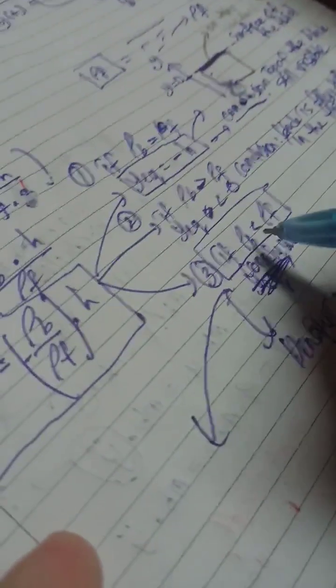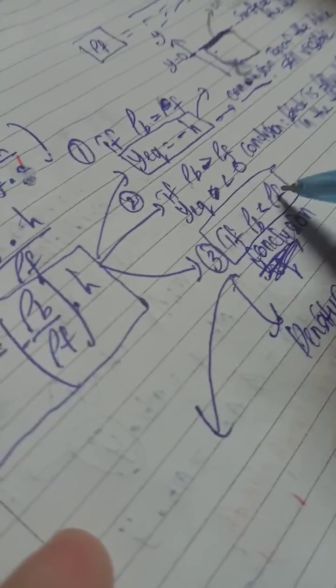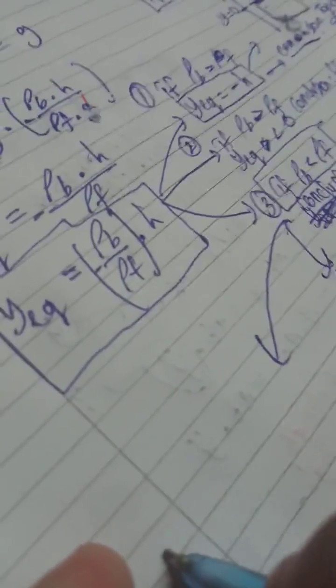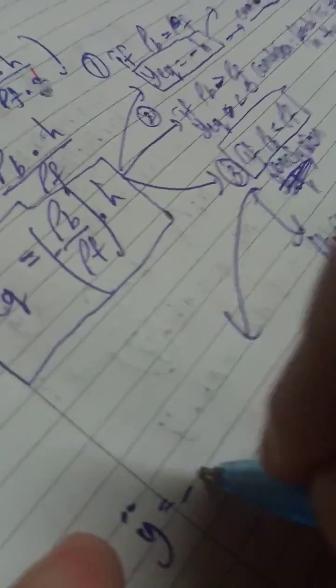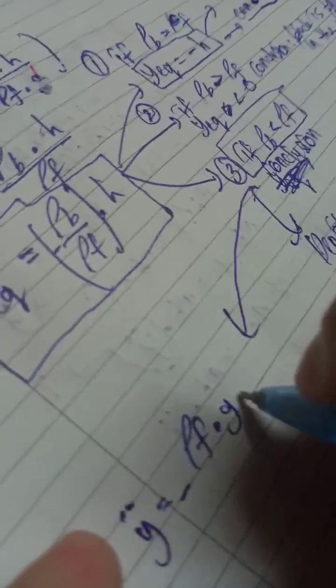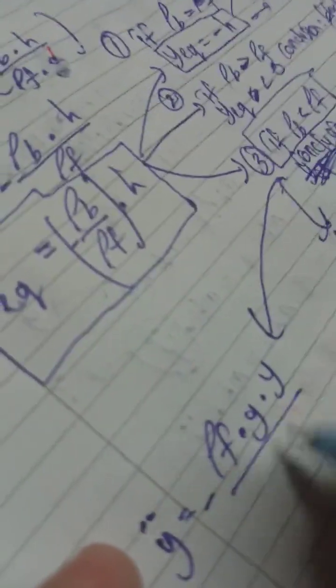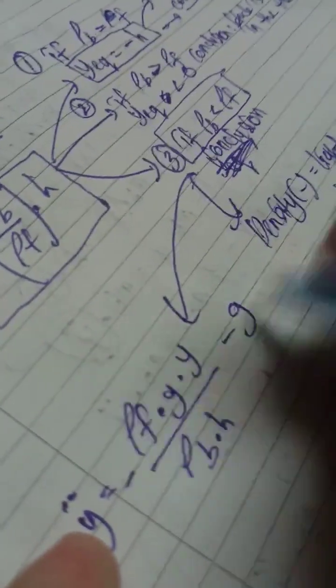So from here comes a new equation for y double dot. Now we go back to the acceleration of this system if the density of the block is less than the density of the fluid. So we know that the acceleration y double dot is equal to negative rho f times g times y over rho b times h, minus g.